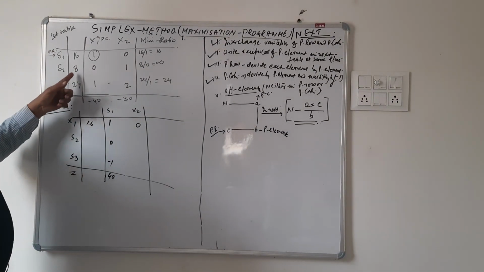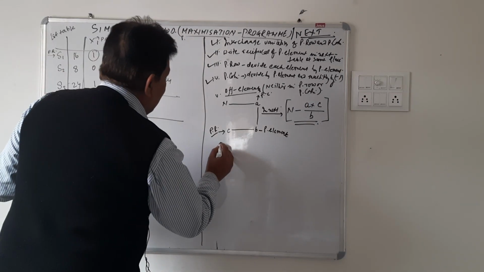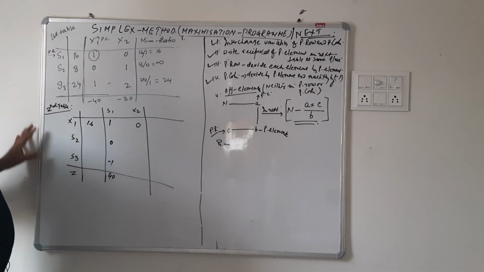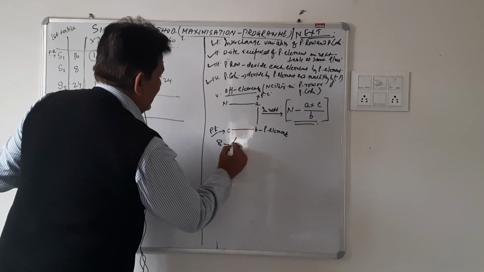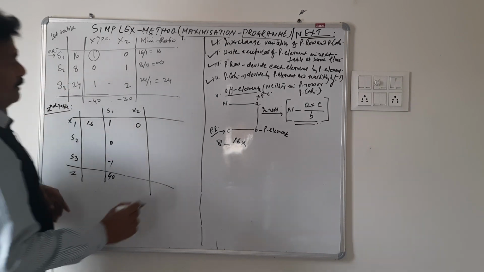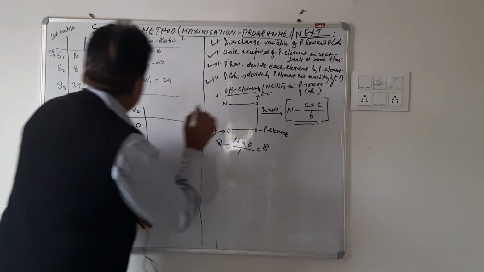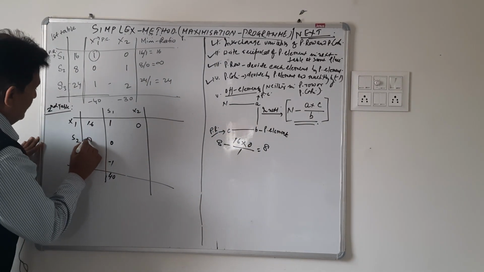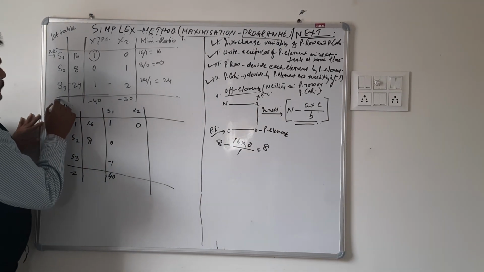Now, come on, this 8. Now 8 will go into the next table. How? This 8 minus the corresponding element in pivot row was 16, into corresponding element in pivot column was 0, and divided by 1, so it is 8. So this will remain as 8. This is 24.